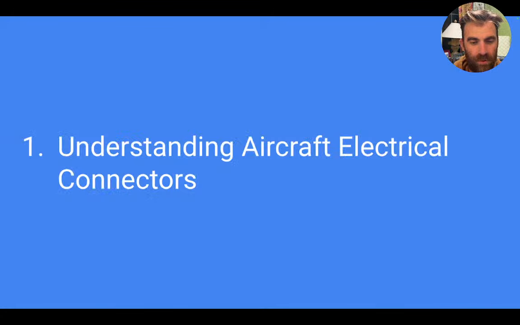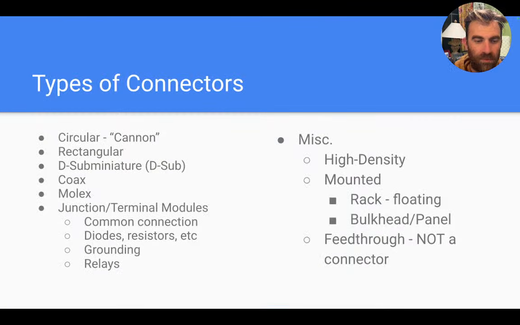Okay, so first section here, we wanted to get into aircraft electrical connectors. And I'm just going to go through a handful. The main theme here is that there are lots of different types of aircraft connectors and terminals and splices and pins and contacts and all of that stuff. So there are so many different kinds.